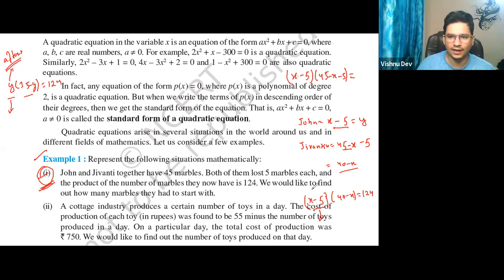And what is x? x is number of marbles John have before losing. ठीक है? So both the equations are correct, right? Shravya, you understood this, right? Because you gave this equation.